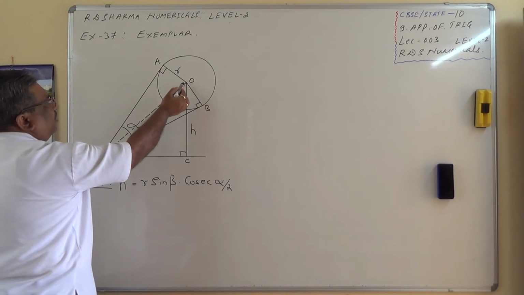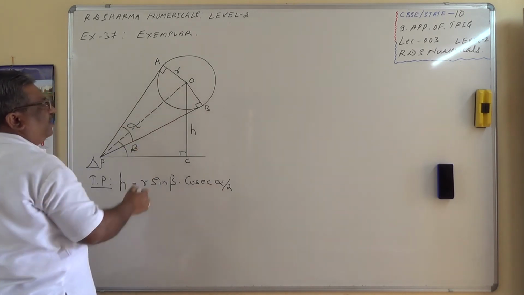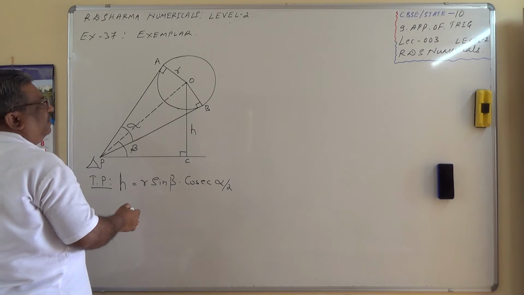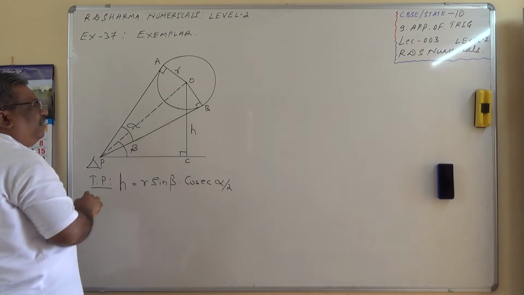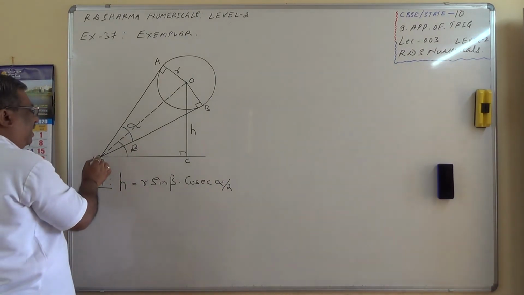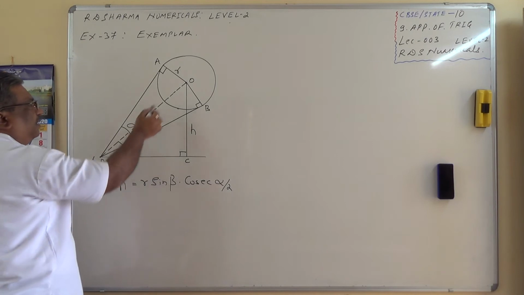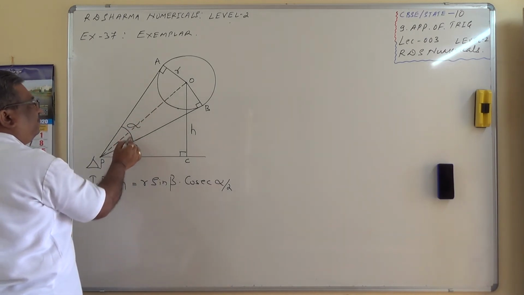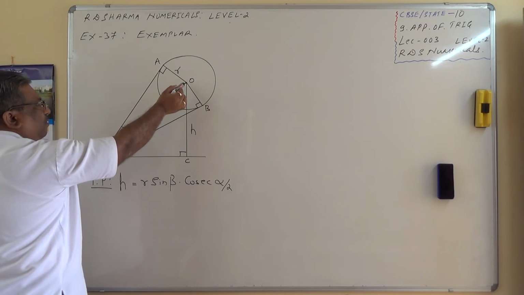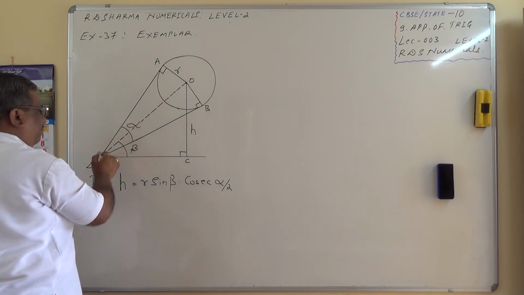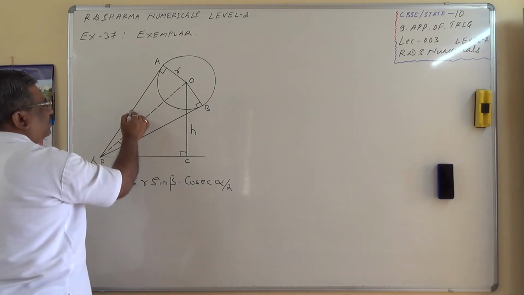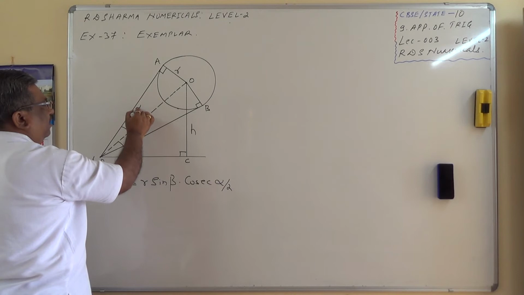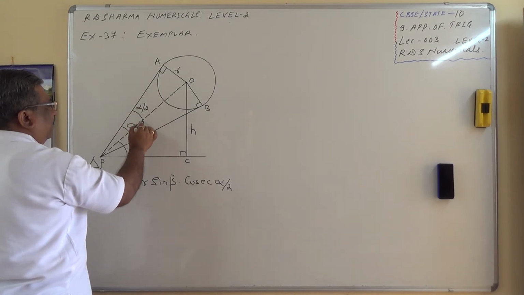Now, this is a radius and OB is also a radius, and therefore OP will be the angular bisector of angle P. That means if the whole angle is alpha, angle APO equals angle OPB equals alpha by 2. So this angle is alpha by 2, and similarly this angle is alpha by 2.